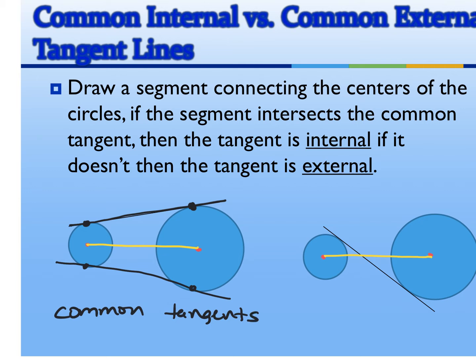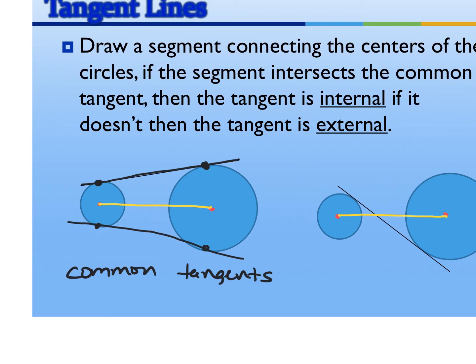To identify if it's internal or external determines if you cross that yellow line. They do not touch the yellow line, so both of the black lines are common external tangents. And then I'm going to draw in here 2 common internal tangents. They can come and skim this way and this way.